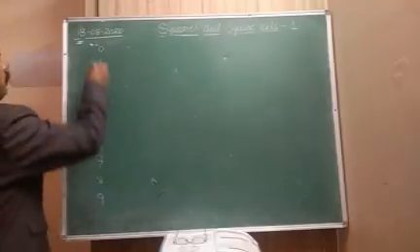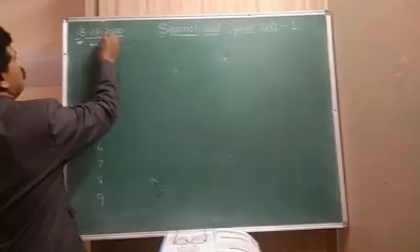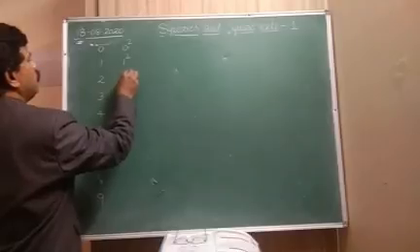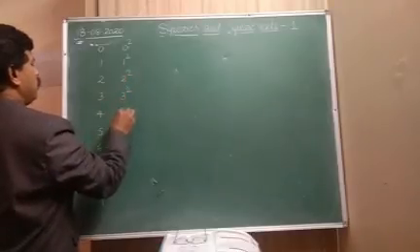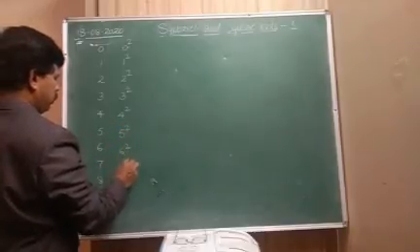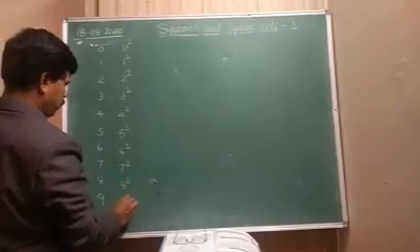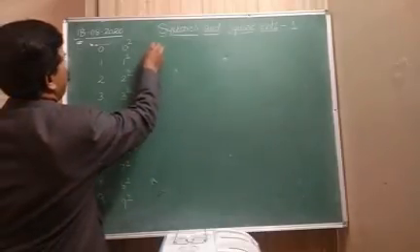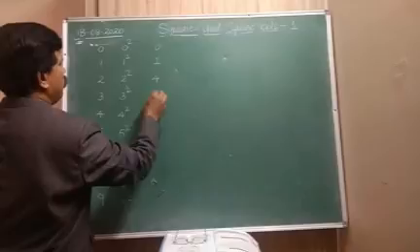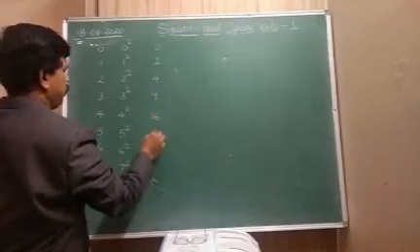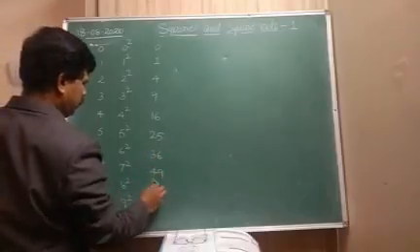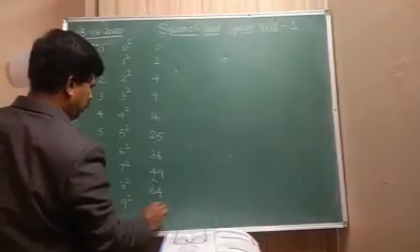When you square these, that means 0 square, 1 square, 2 square, up to 9 square, the perfect square numbers are 0, 1, 4, 9, 16, 25, 36, 49, 64 and 81.